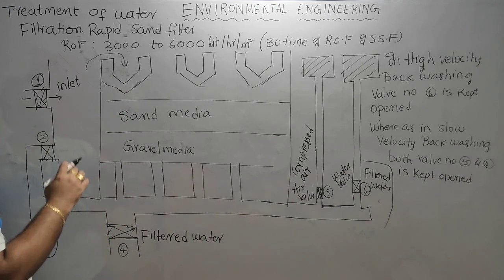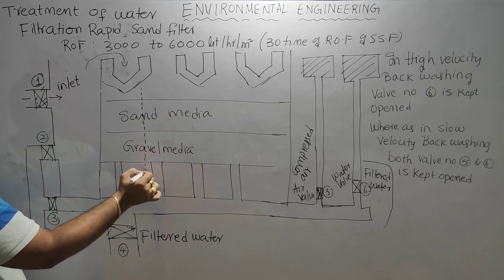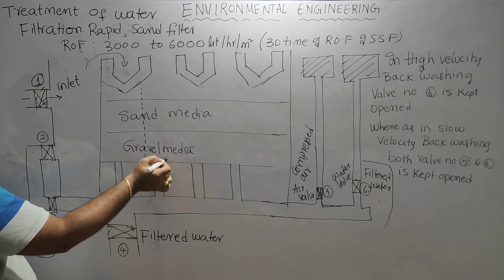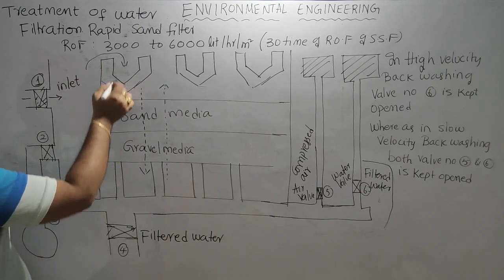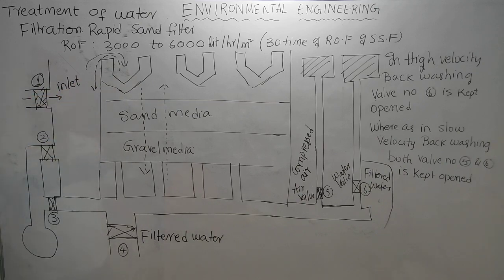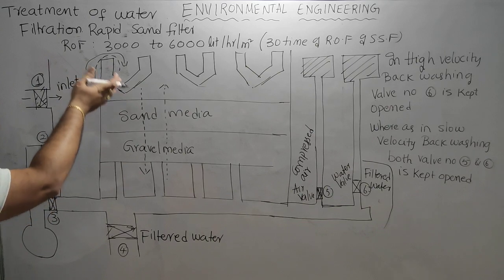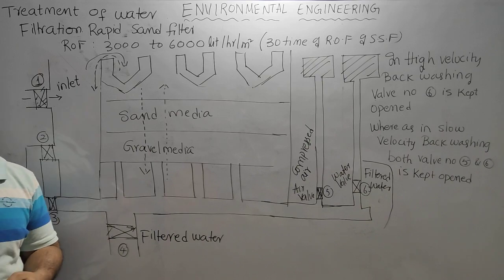Earlier the movement of water was like this, but during backwashing the movement of water is like this. This is the movement of the wastewater, which now enters this zone.